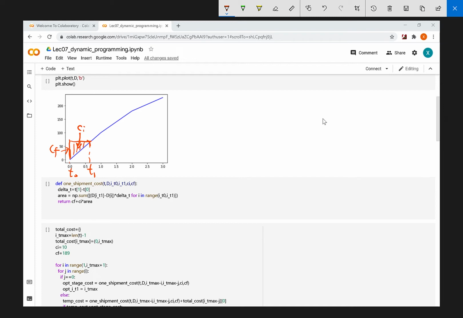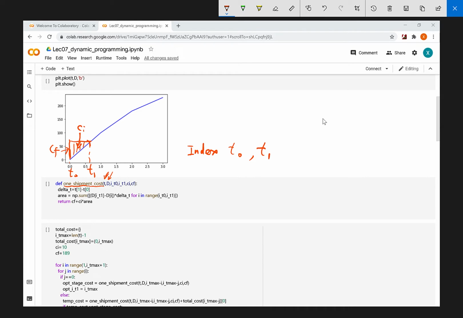Here we define a function to calculate this one-step cost, and call it one shipment cost. The parameters we give it are the axis, and the cumulative demand function. And then to determine the intervals, we give the index. Here we use the index of t0 and t1 because when we calculate the values, the index is relatively easier to calculate.